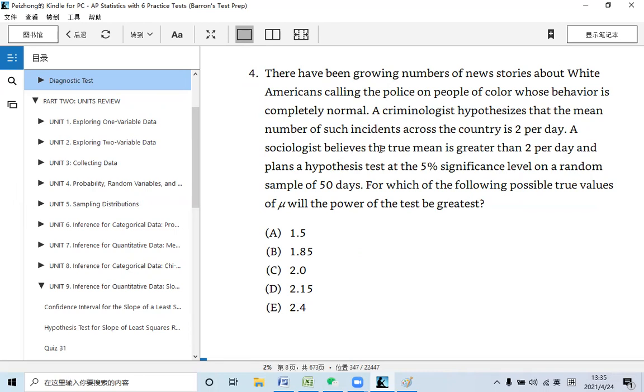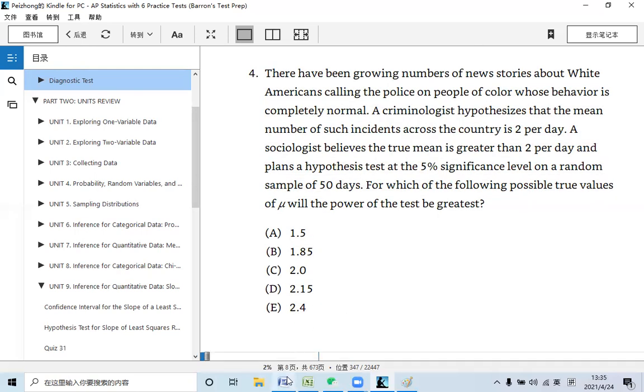A sociologist believes that the mean is greater than two per day and plans a hypothesis test at a 5% significance level on a random sample of 50 days. For which of the following possible true values of mu will the power be the greatest?